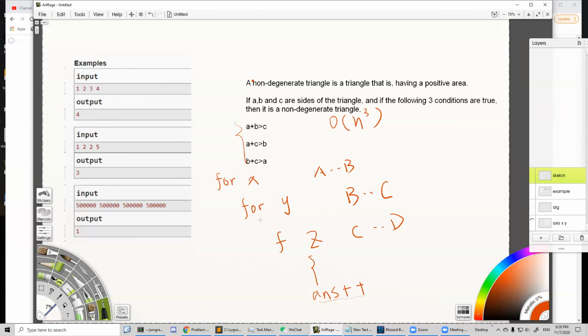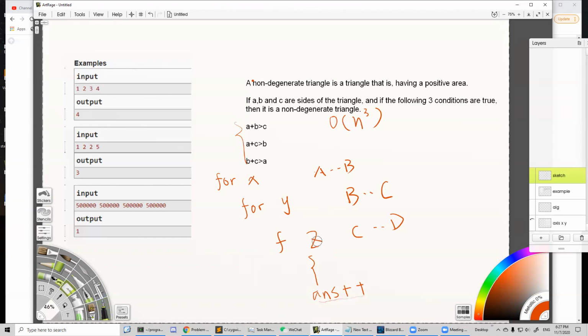So if we dig a little deeper, we can find out that if we iterate through all of the possibilities of the first two sides, we can just calculate the range of the third side, right?